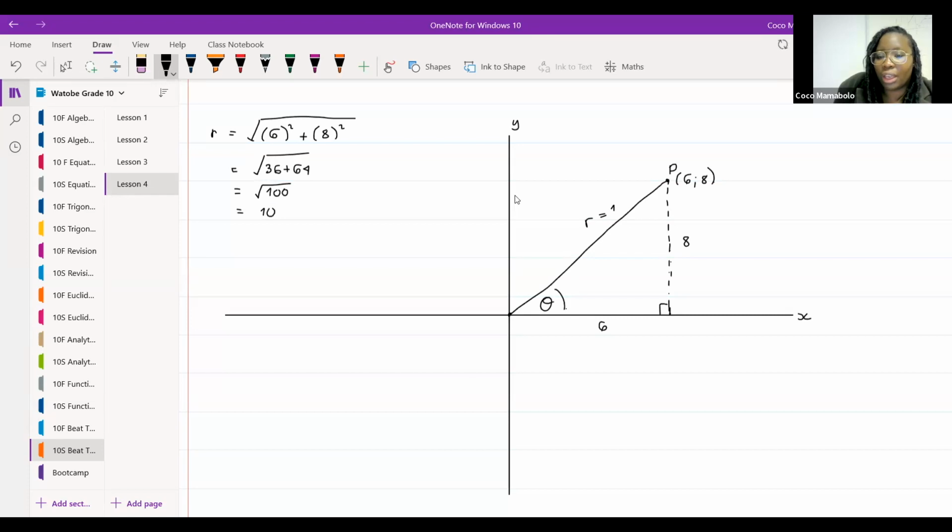So my R over here is equal to 10. Then from here, guys, they're just going to ask me the same questions that they have all the time. They're just going to ask questions like, what is the cos of theta? Now, we're able to do that because we can see how to find the cos of theta on the diagram. What would the cos of theta be, guys?